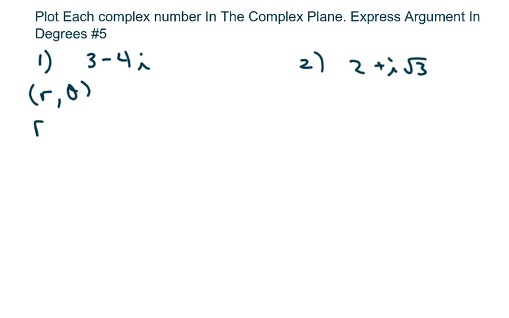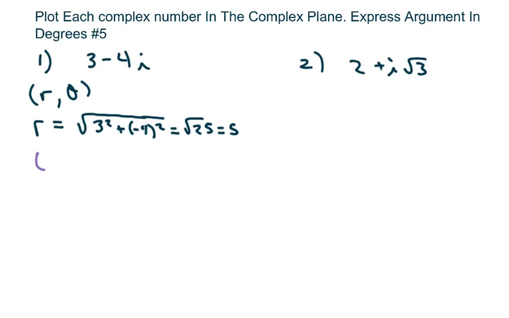So r is going to be the square root of x squared plus y squared. So it's going to be 3 squared plus negative 4 squared, which equals the square root of 25, which equals 5.